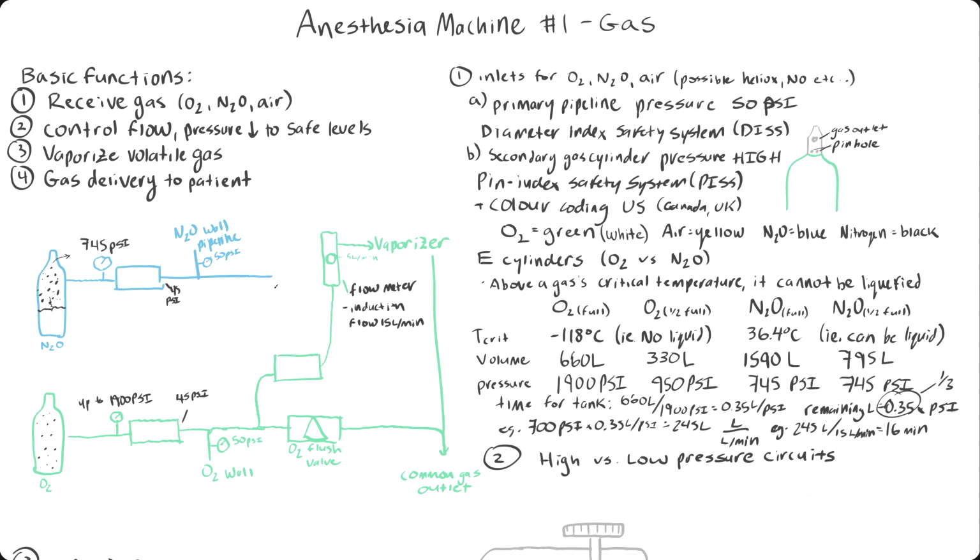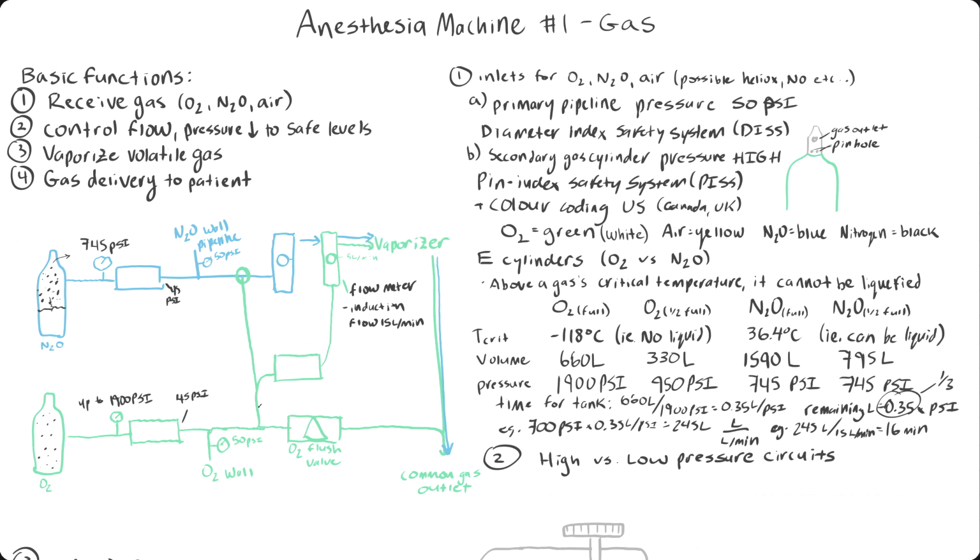Then there will also be a nitrous flow meter with some indicator ball here. Then your gases are mixed and sent to the vaporizer. What you'll have coming out of the vaporizer is your mix of volatile anesthetic, oxygen, and nitrous, which will be delivered to the common gas outlet.